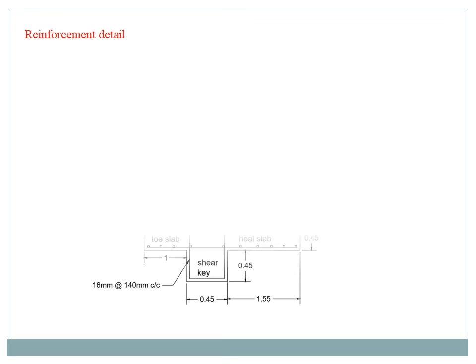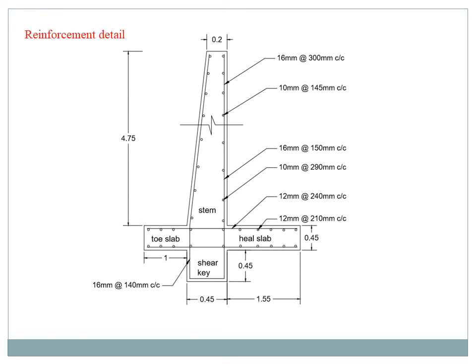So reinforcement details. This is our retaining wall reinforcement details. So mark the values: stem position, then base slab position, the heel slab position, taken from our previous steps. So our stem position, the vertical stem is 16 mm diabar at 300 mm center to center distance, then 10 mm diabar at 145 mm center to center distance.